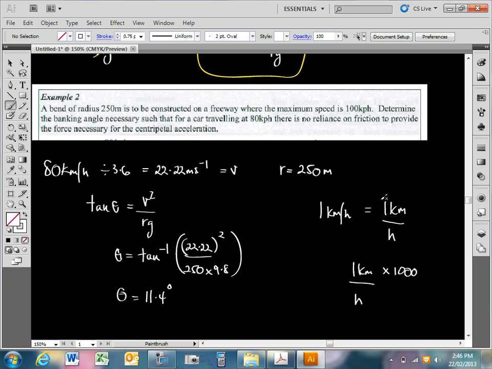60 by 60, isn't it? To seconds. Okay. That's equal to, of course, 3.6 in the end, whether we divide or times.